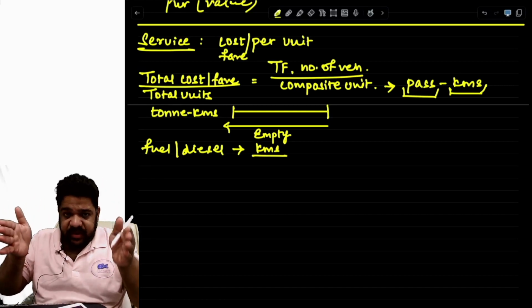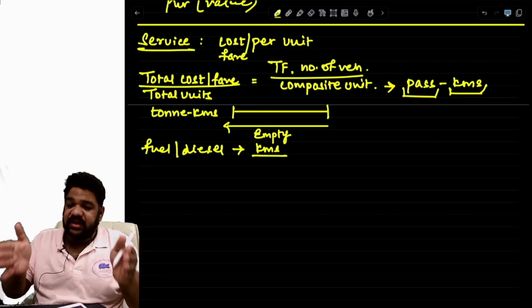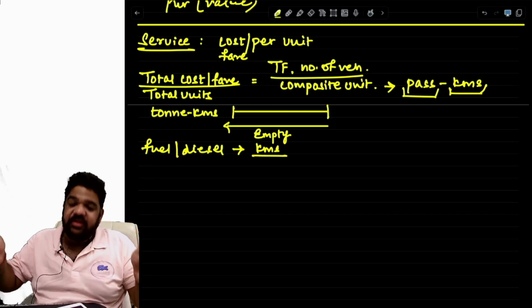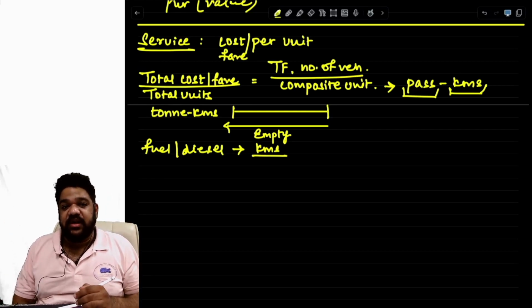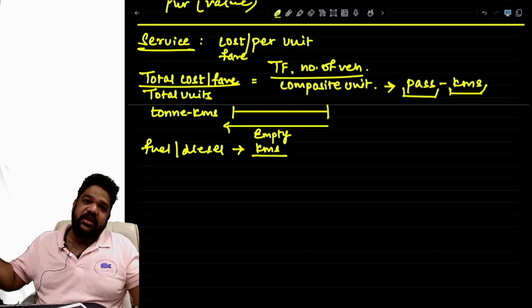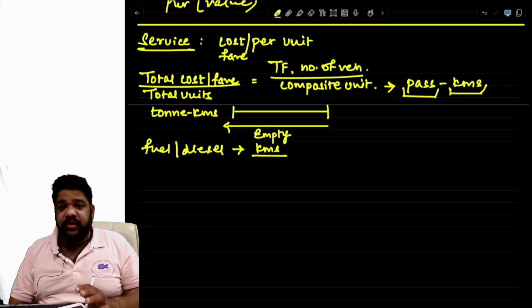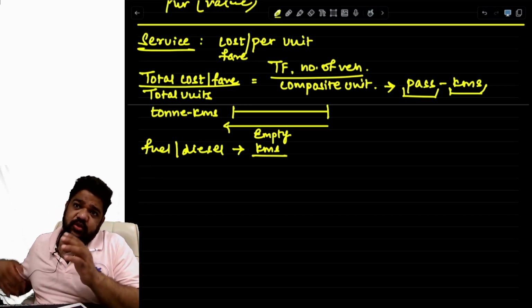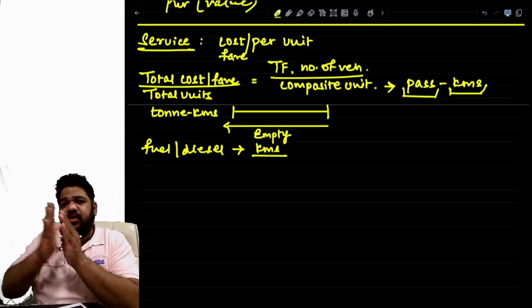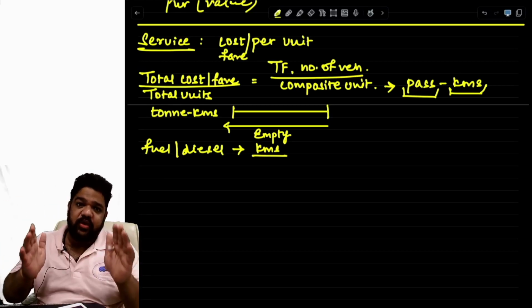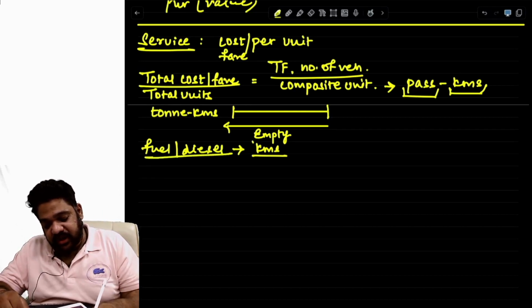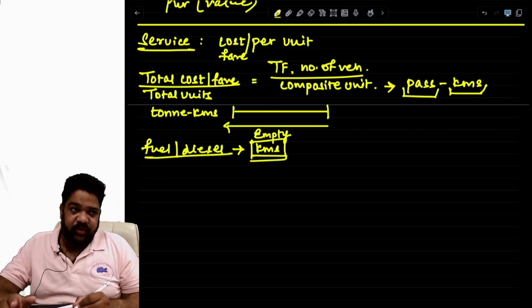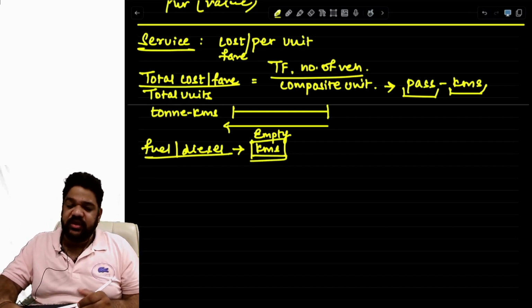How many trips in a day so that you can get kilometers in a day? How many days in a month so that you can get kilometers in a month? And how many months in a year so that you can get kilometers for the year? So always go from extreme micro to macro. Only then you will be able to figure out the kilometers very correctly. The chances of errors will reduce significantly.